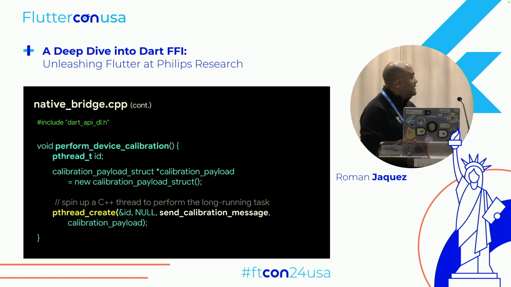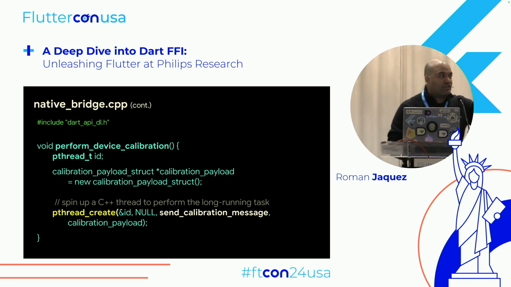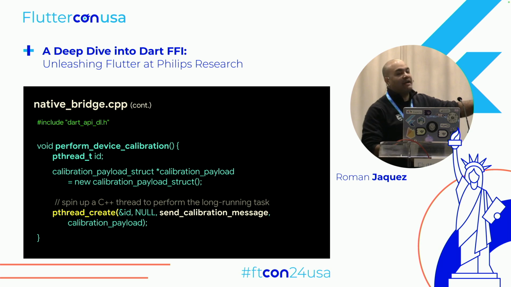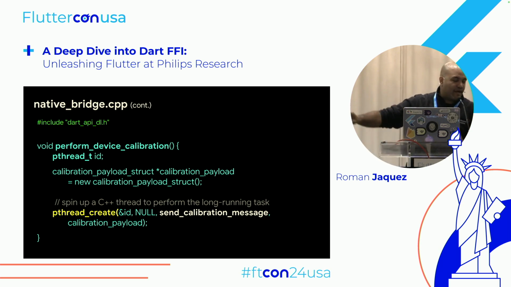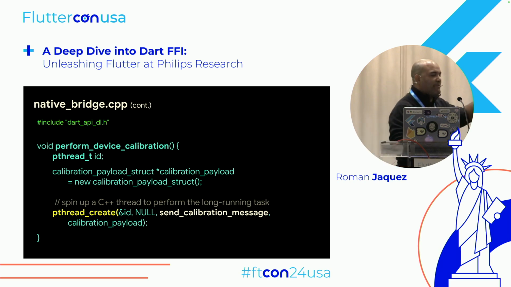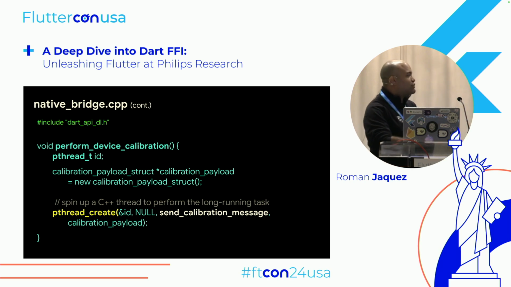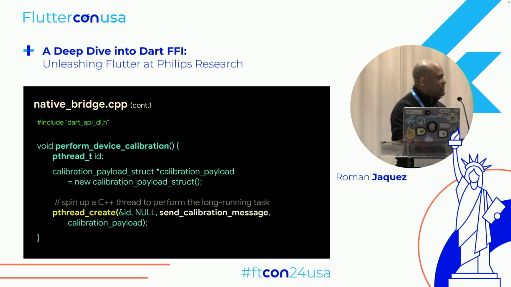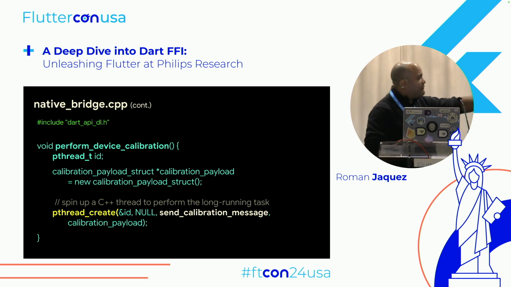The way that we do it is we spin up threads on the C++ side of things. But remember that these are not the same as Dart isolates. C++ threads and Dart isolates operate in different spaces. So C++ code does not know about the Dart isolate. So you make sure that you clean up your memory correctly, you do the allocation and deallocation appropriately. But this is the way that you delegate a heavier computation from the C++ side.